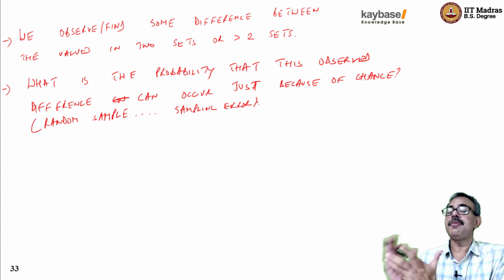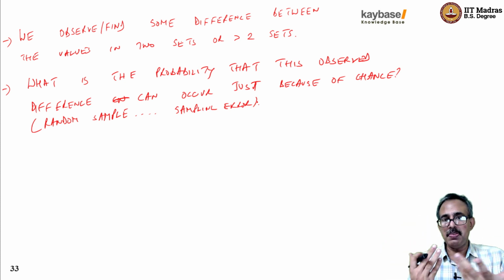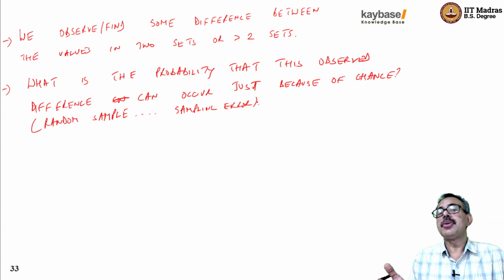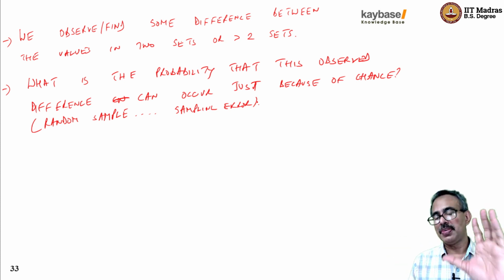Meaning it is not a real difference. It is because we have done a sample survey that we are observing two different figures. If in reality there's no difference, what is the probability of that?